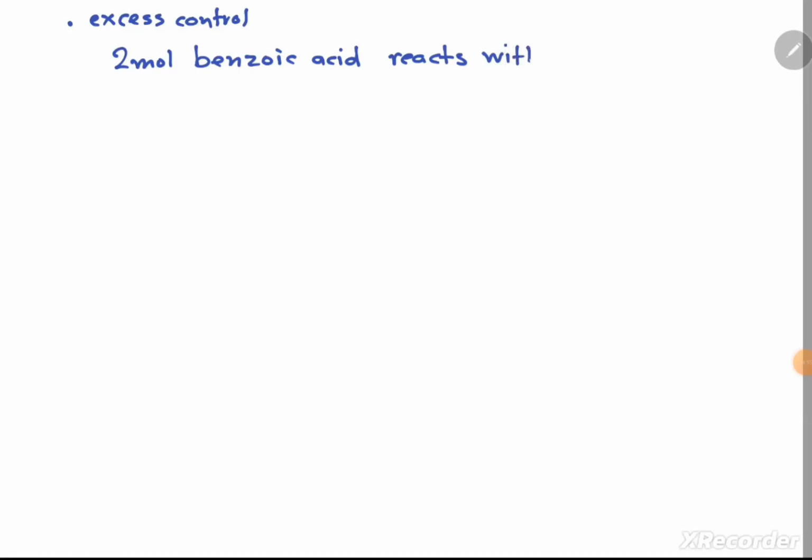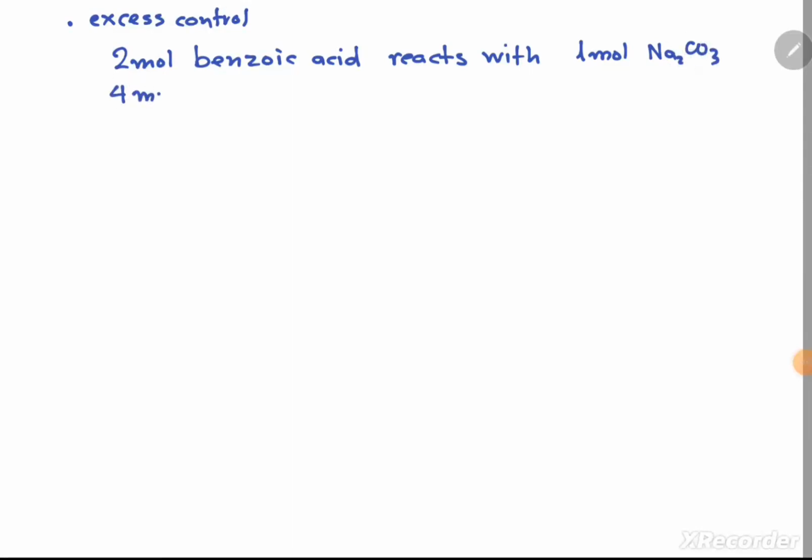Let's see it. 2 moles benzoic acid reacts with 1 mole sodium carbonate.